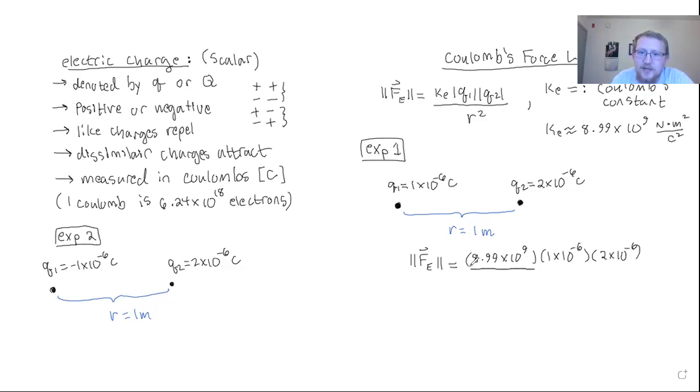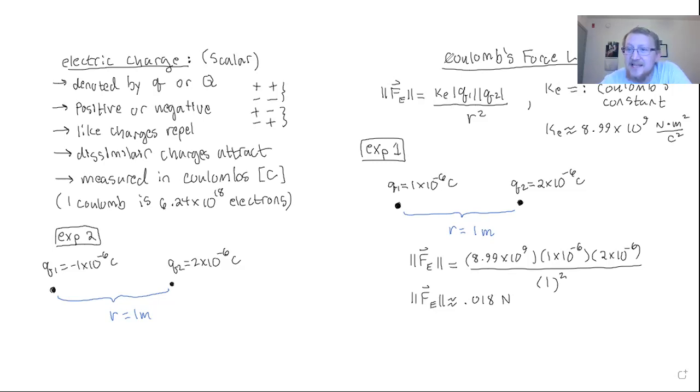And the distance between them, the shortest Euclidean distance between them, is 1 meter. And so I'll square that distance. It just gives us 1. And I worked this out ahead of time. What you end up getting is that the force between the 2 charges is approximately 0.018 newtons.